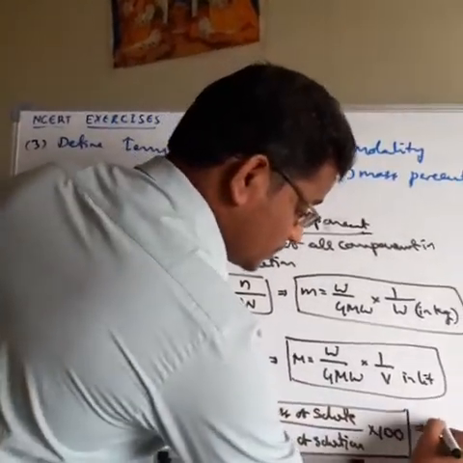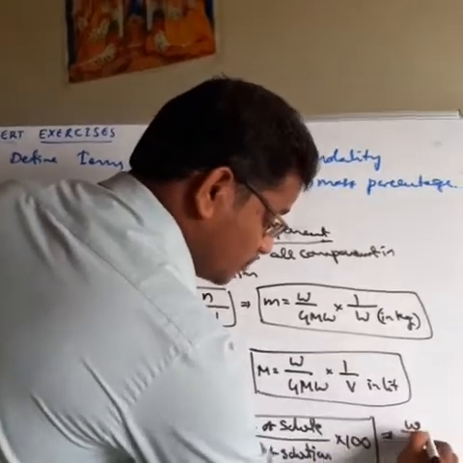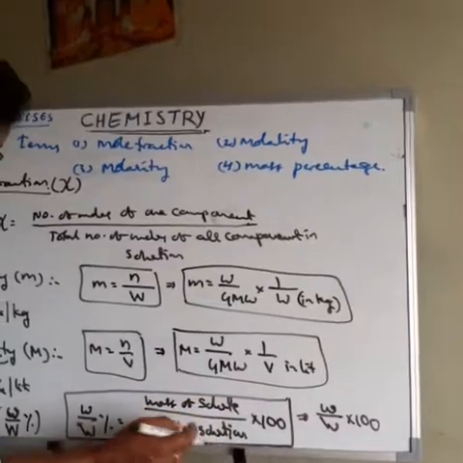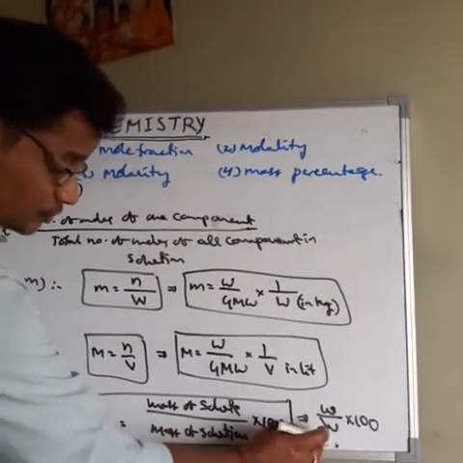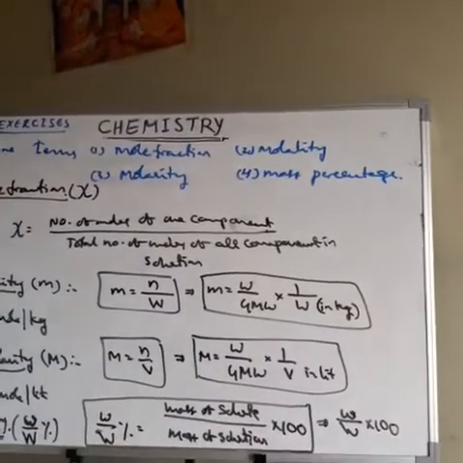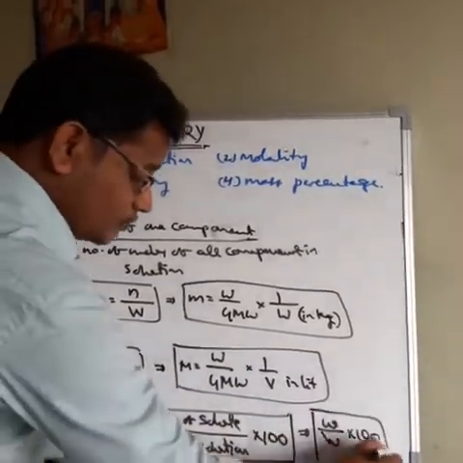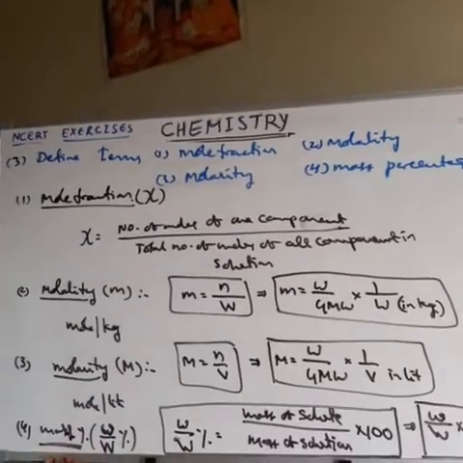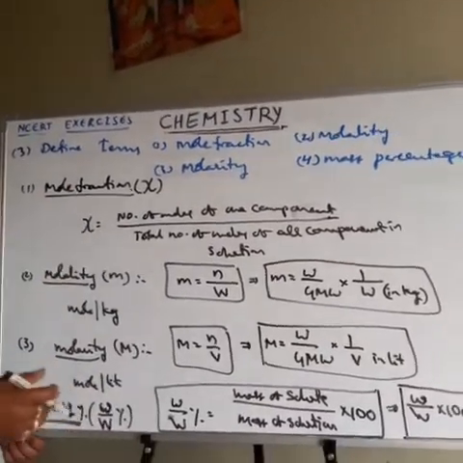Or it can be written as small w by capital W into 100. Small w means mass of solute, capital W means mass of solution. Then into 100. So this is also one of the formulas. Then what are the units? Mass percentage has no units. Okay, so this is about the 4 types.